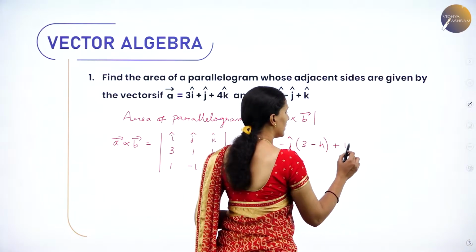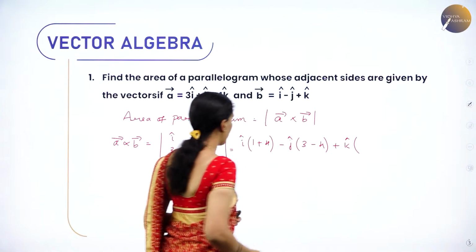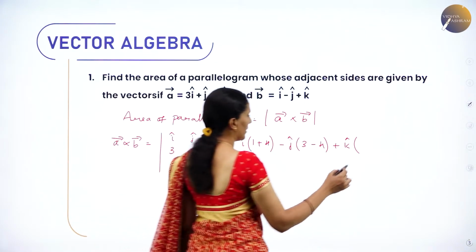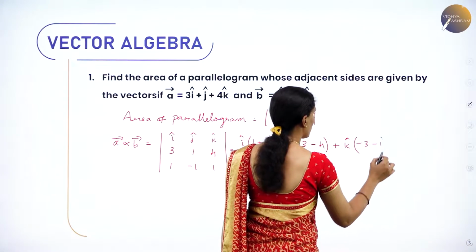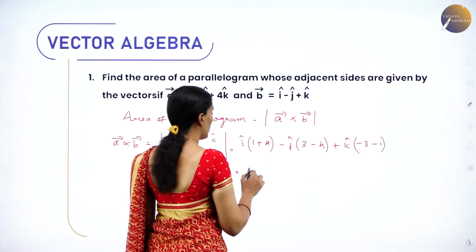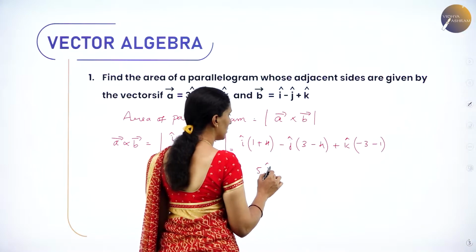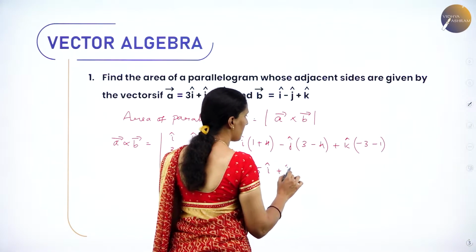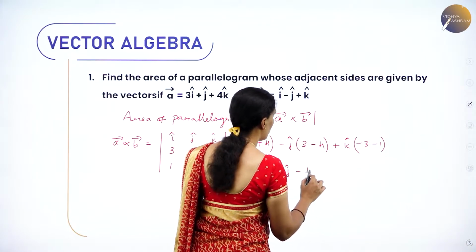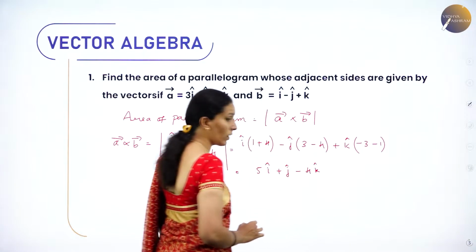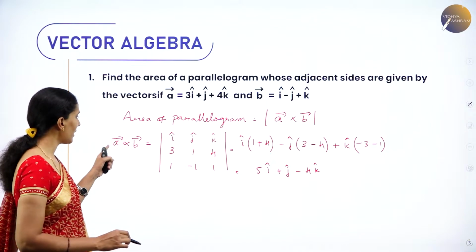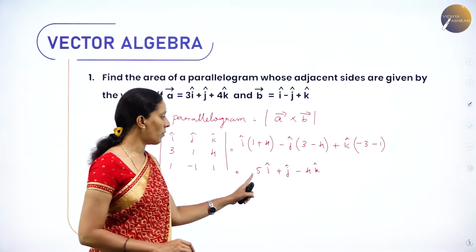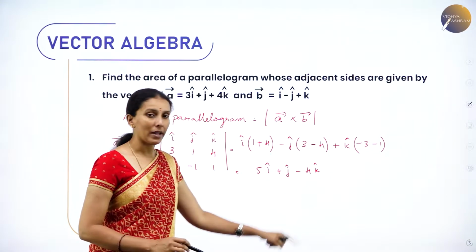And next is k cap, delete the row and column, minus 3 minus 1. So you will get 5i minus, here minus 1, plus j, and here you have minus 4k. So this is your A cross B. I already said to you that A cross B is a vector. So therefore you will get A cross B in the form of 5i plus j minus 4k.